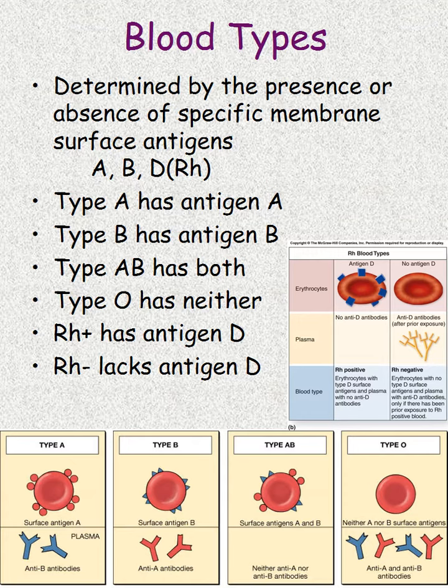Another group, the Rh blood type, is determined by the presence or absence of the Rh surface antigen, often called Rh factor or surface antigen D. When the Rh factor is present, the individual is said to be Rh positive, whereas if an individual is Rh negative, the surface antigen is lacking from the membrane of their erythrocytes.